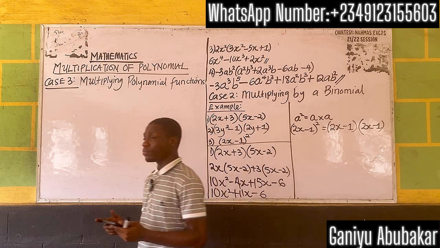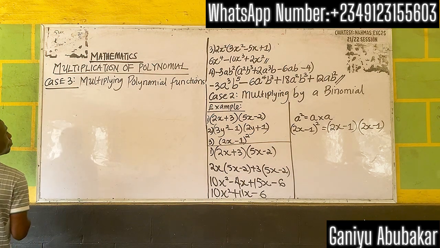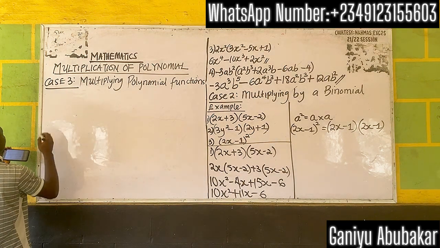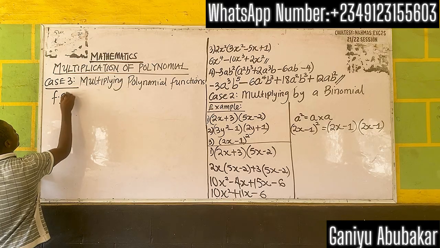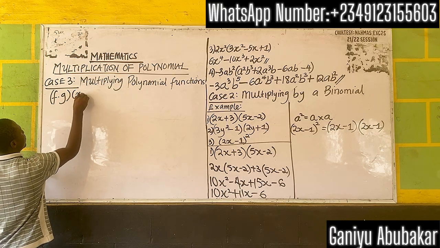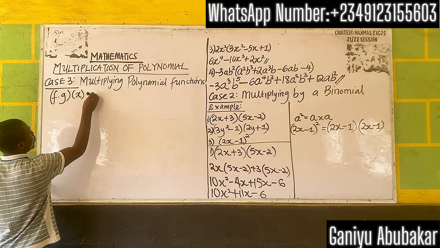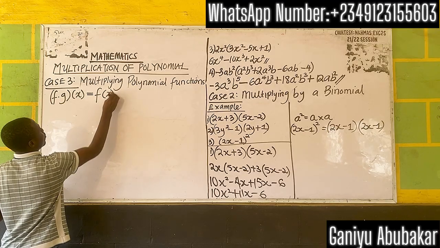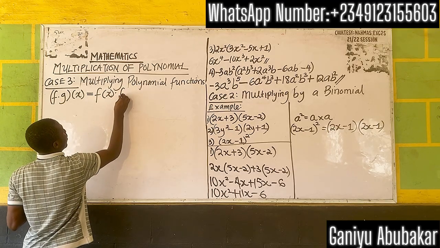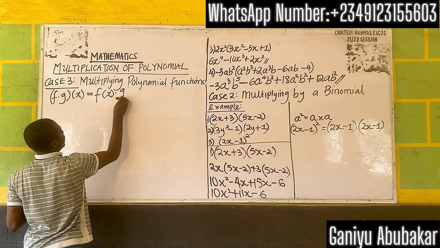Multiplication of functions: (f·g)(x) is equal to f(x) times g(x).